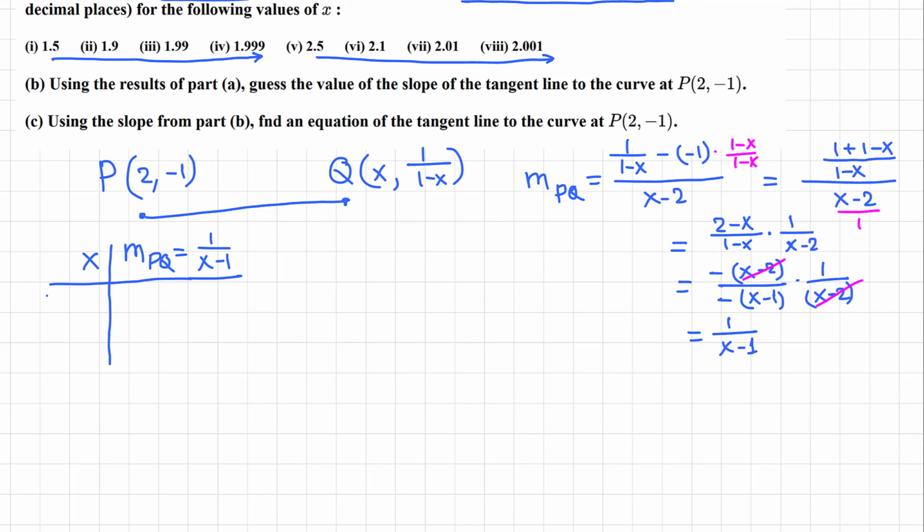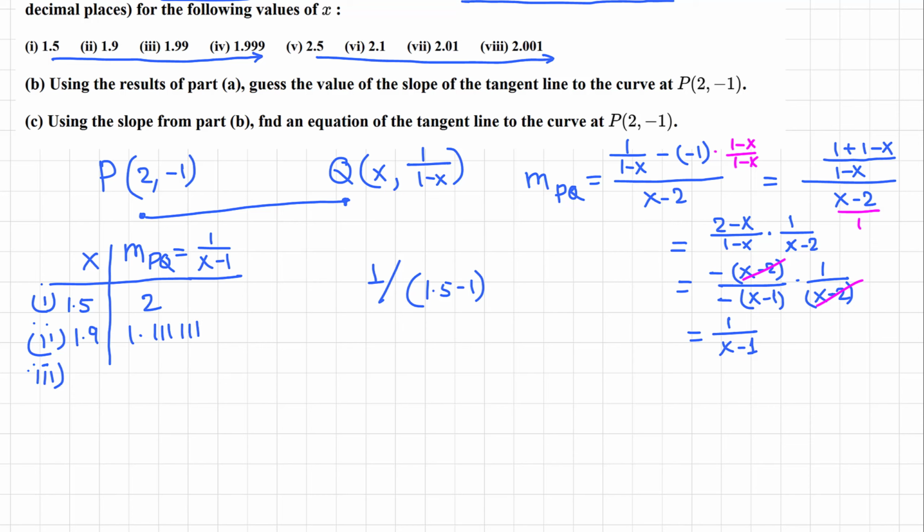Let's do the first three. In the first we have 1.5, plug in here: 1 over parenthesis 1.5 minus 1. In the calculator, you might have to write 1 divided by parenthesis 1.5 minus 1, and write down the values. I have calculated in advance using a calculator, so it's going to be 2. In part 2, we have 1.9, 1 over parenthesis 1.9 minus 1, and to 6 decimal places, 1.111111.